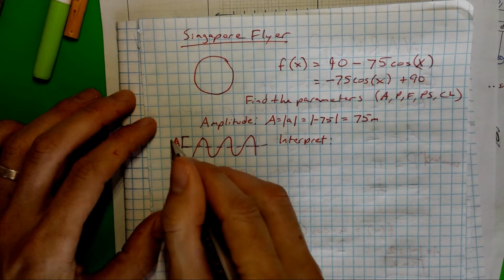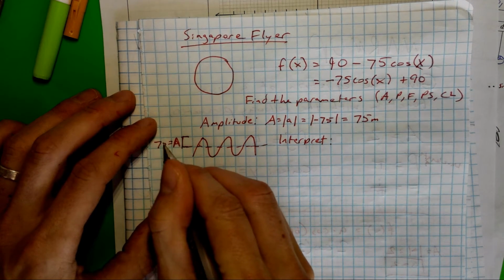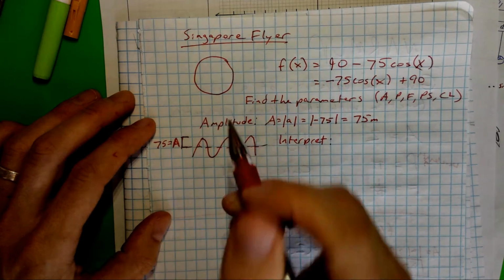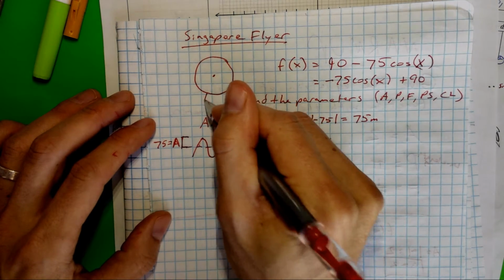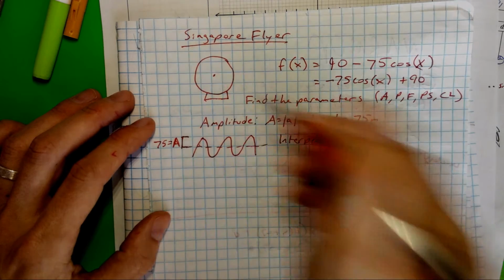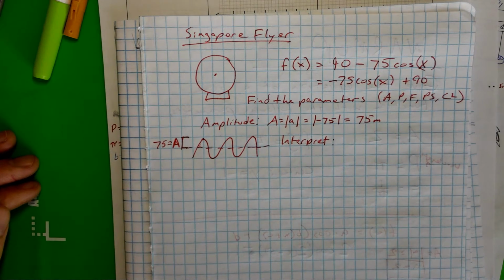That's our amplitude. So what is that actually telling me about the physical object, the Singapore Flyer Ferris wheel extraordinaire?